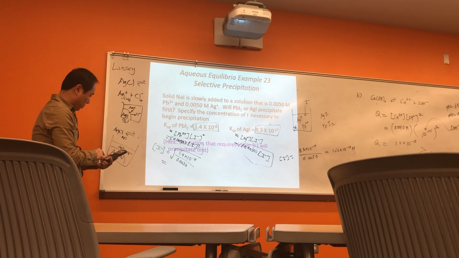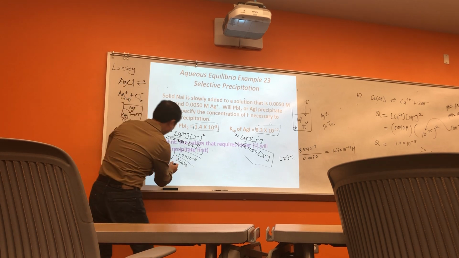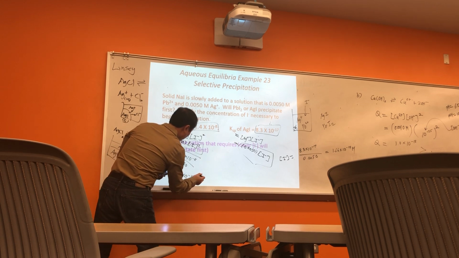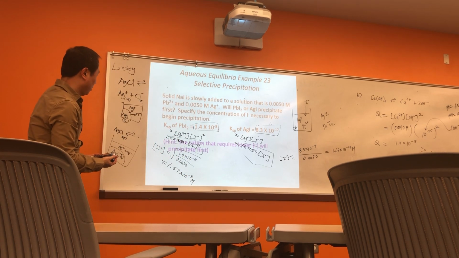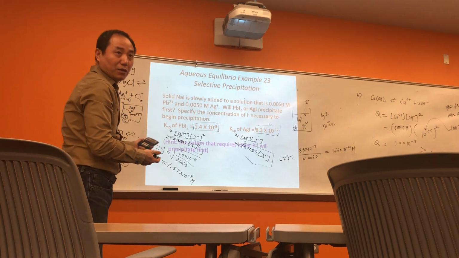Here, inside of the square root, 1.4 times 10 to the minus 8 divided by 0.005, 1.67 times 10 to the minus 3. Can you confirm if I have the right number for both?